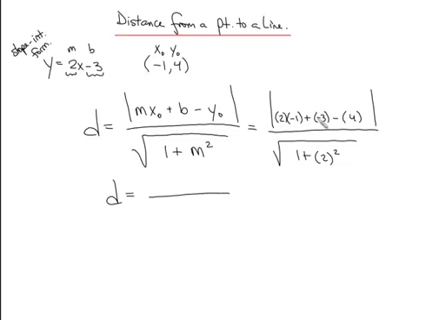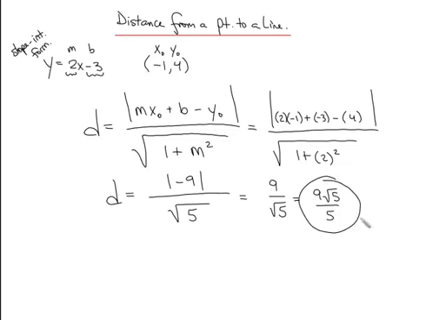Negative 2 plus negative 3 is negative 5. Minus 4 gives us the absolute value of negative 9, divided by the square root of 1 plus 4, which is 5. This then becomes positive 9 over the square root of 5, which means that our distance, when we rationalize it, is 9 root 5 over 5. That is the perpendicular distance from this point to this line without having to go through 5 steps to do it. It's a very nice equation, but you have to have it memorized.